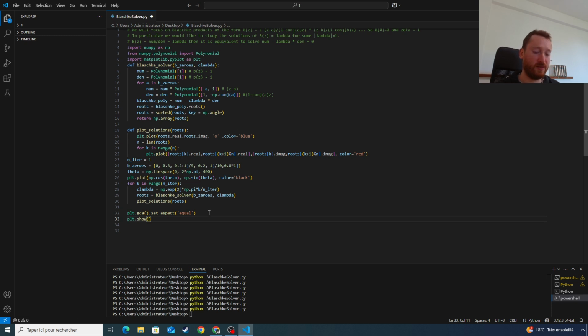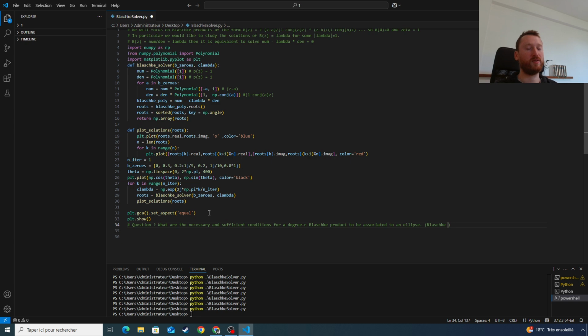Okay, so now the question is, what are the necessary and sufficient conditions for a degree n Blaschke product to be associated to an ellipse?